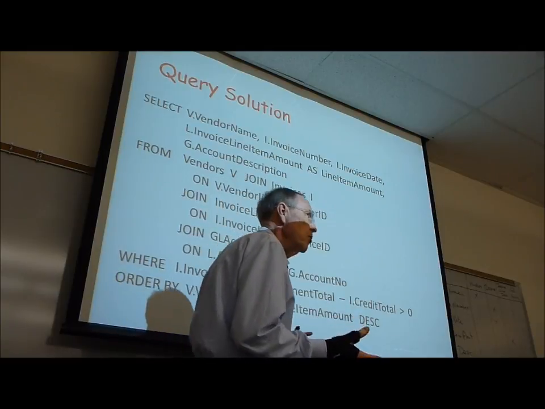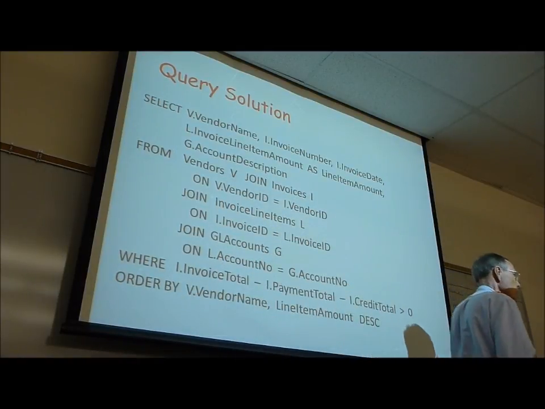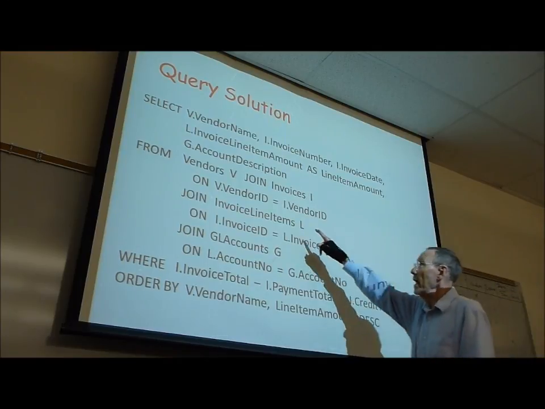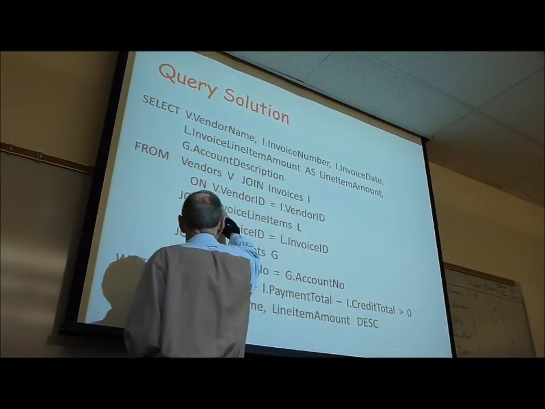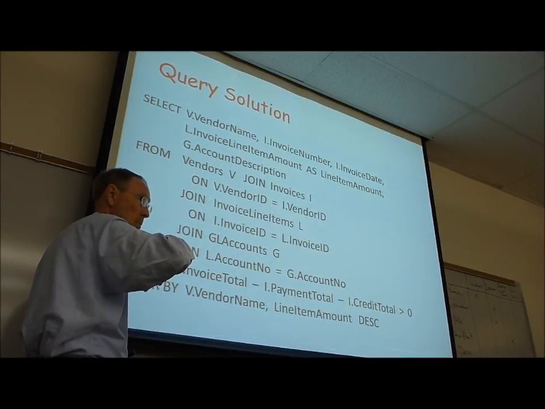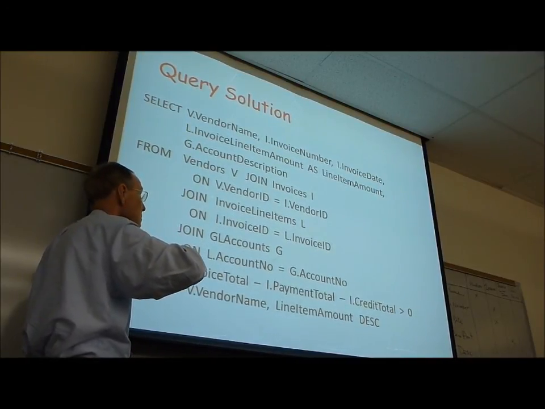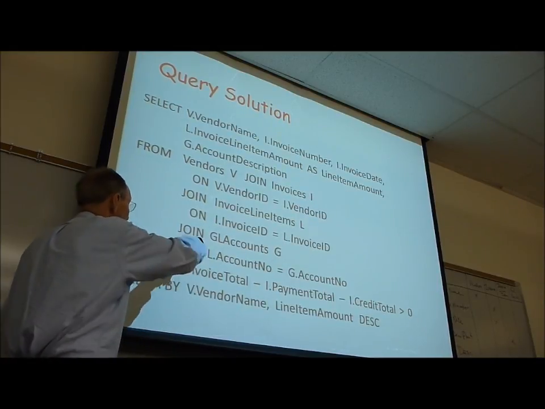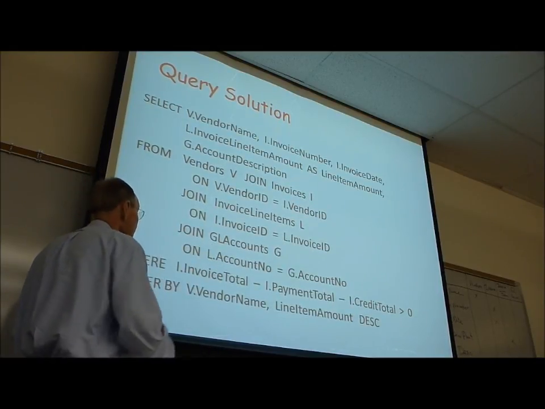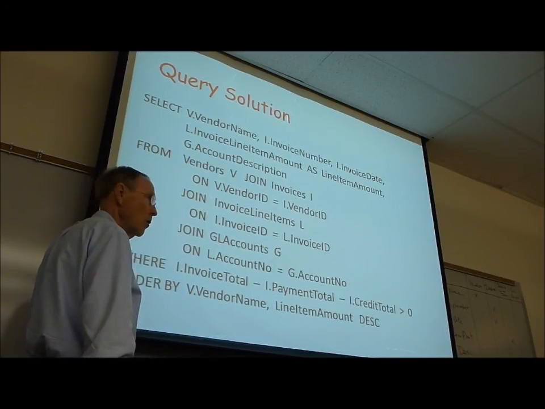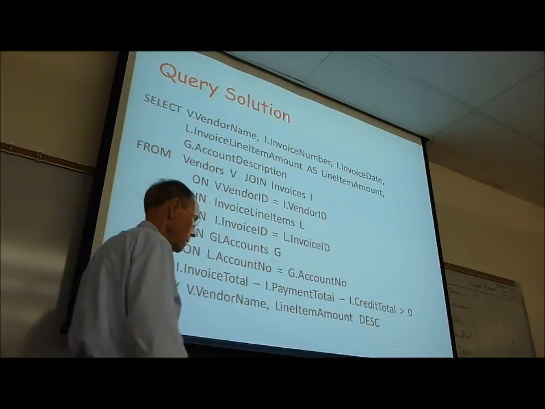We now have an intermediate table of those two. We're going to join that table with the invoice line items table. And then we'll have another intermediate table, and then we're going to join that one with the general ledger table.